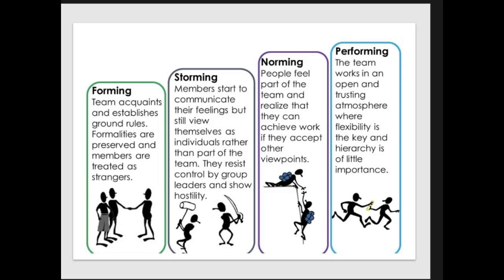The storming stage is not infighting, and even at the bottom of this slide it says showing hostility. But storming really has to do with being authentic about how you feel, what's going on, and people working out where they are in the group, because that then leads to norming. People accept others' viewpoints and help support others, and then finally performing.